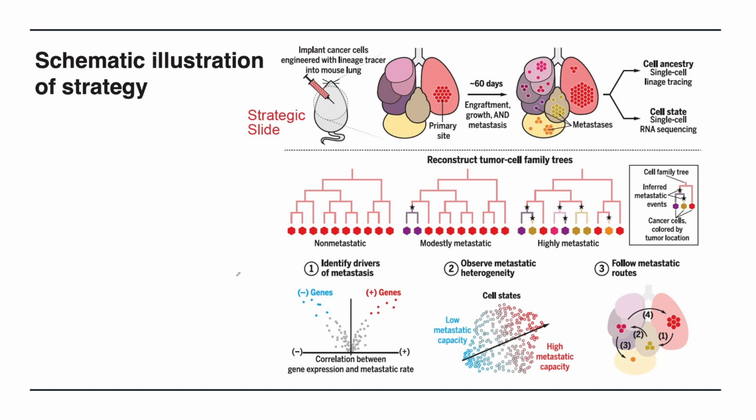So the dynamics during transition and the fine details of subpopulations can be revealed. This is a schematic illustration of the strategy, and I will divide it into 3 parts: the establishment of the lineage tracing system, the reconstruction of phylogenetic trees, and the underlying mechanisms of tumor metastasis.